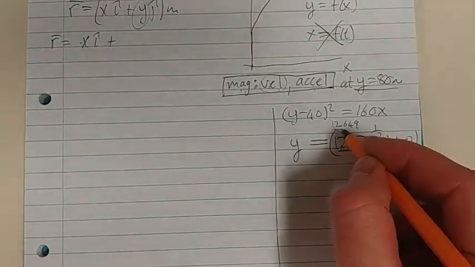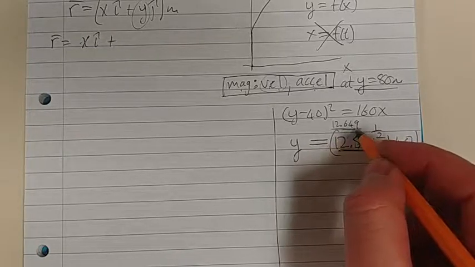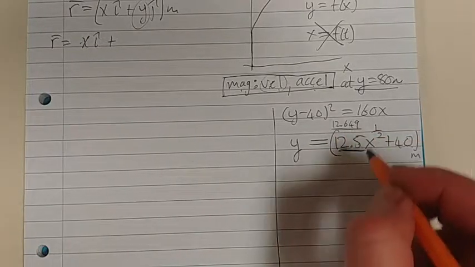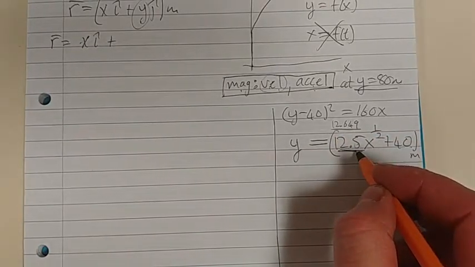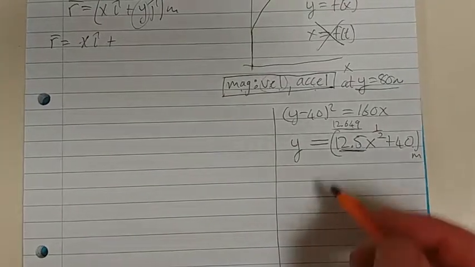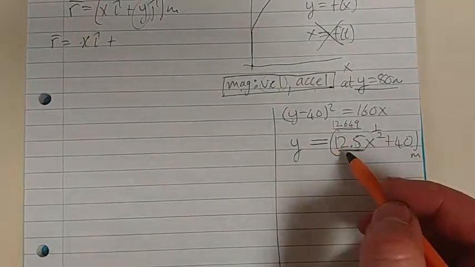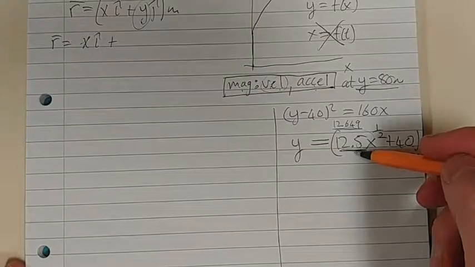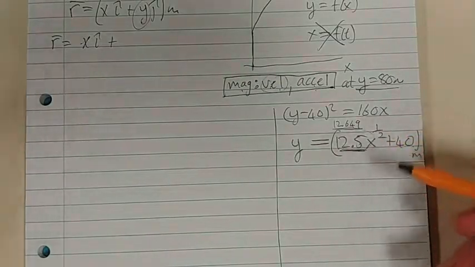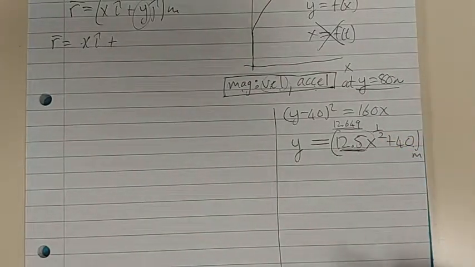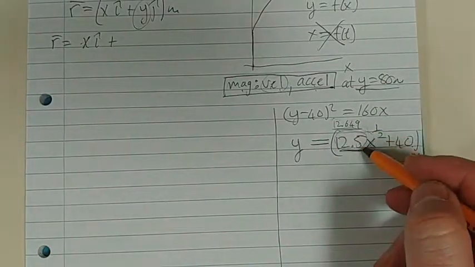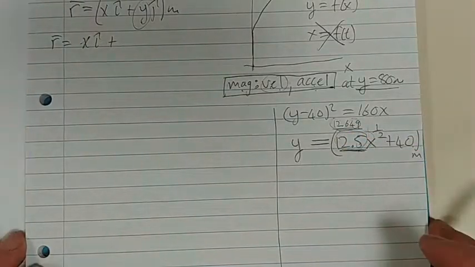On my calculator, I got 12.649, but then I wrote down 12.5 and did the whole problem using 12.5. So my apologies, but just get the idea of how to solve this problem and note that I've made a mistake there. Everything I do that follows is using this value, not 12.649.